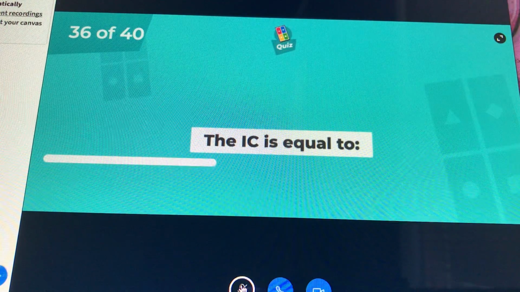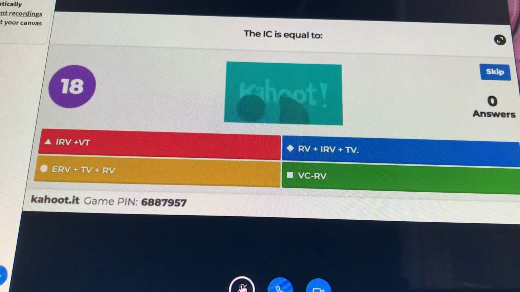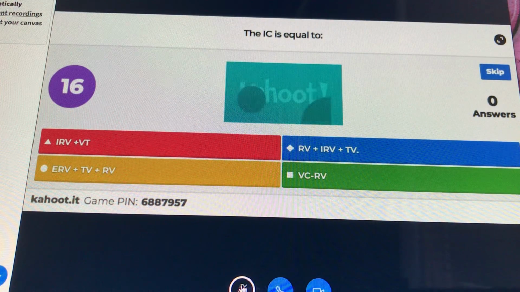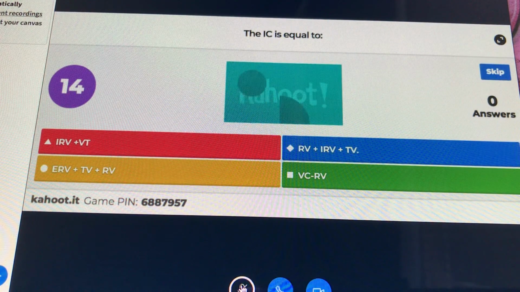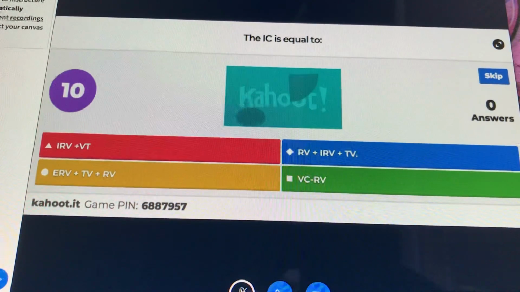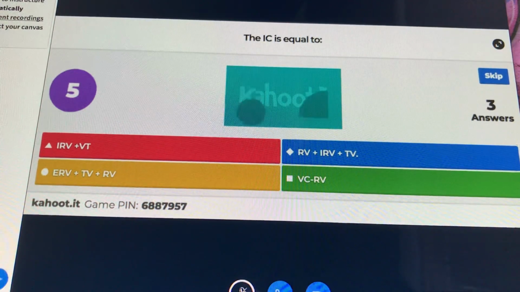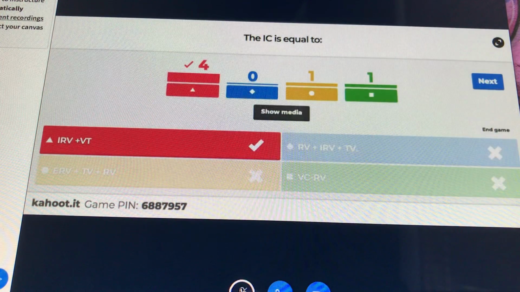Okay, moving on up. The IC is equal to... good.